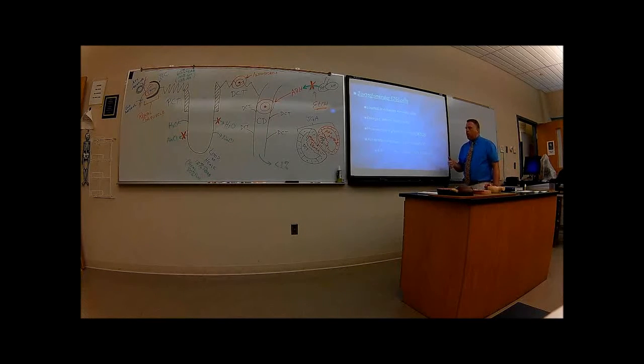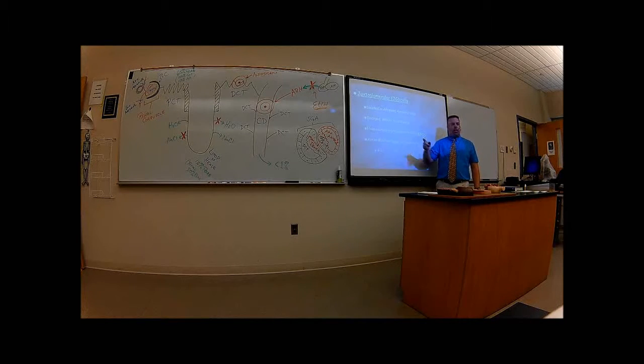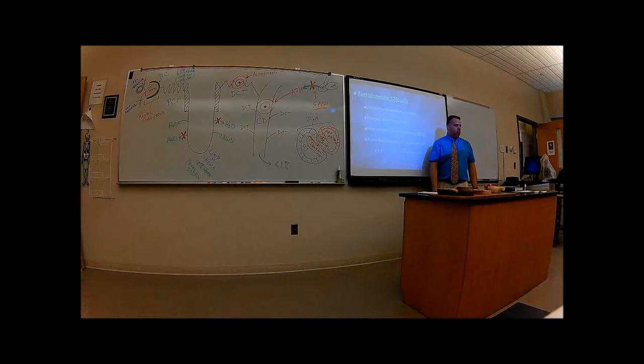So the JG cells are mechanical receptors, or baroreceptors, that sense low blood pressure. If the blood pressure is low, then renin comes out of the JG cells directly, and then it's going to do a series of events to get the blood pressure back up. Okay? That's the easy part.